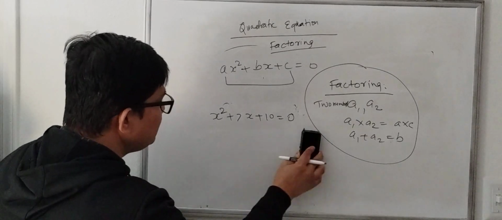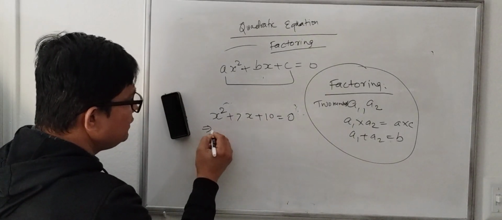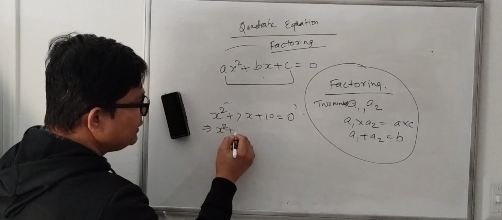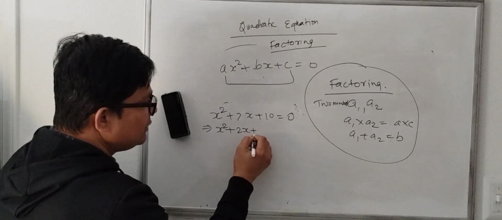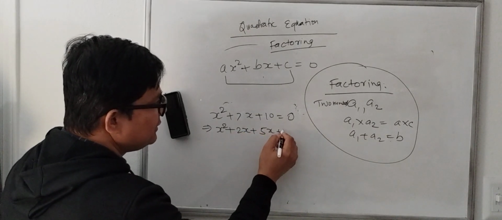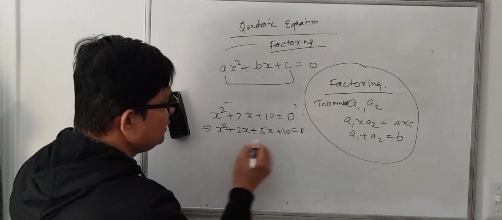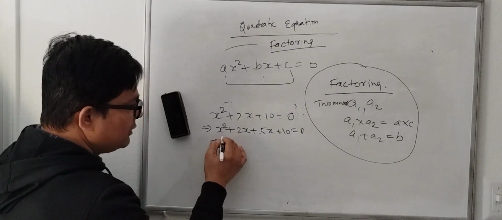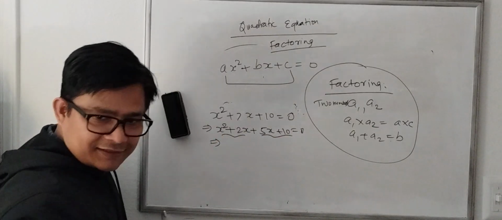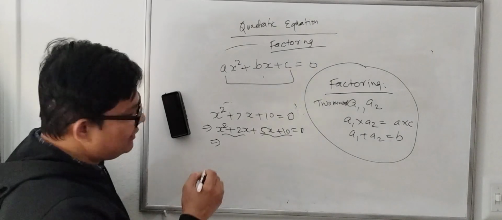So our a1 was 2, a2 was 5, so I can write it like this: 7x will be 2x plus 5x plus 10 is equal to 0. Now I will take these two terms to convert it into linear form.